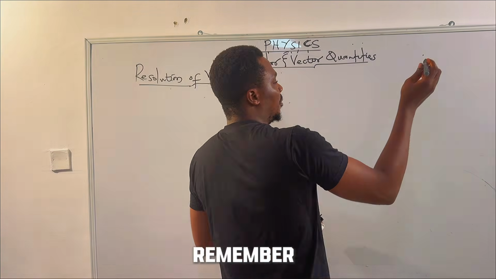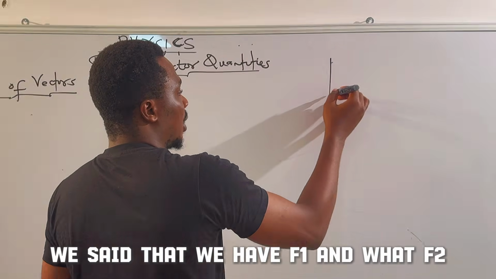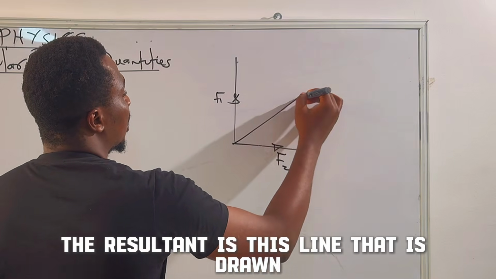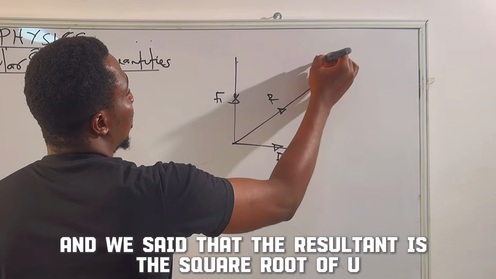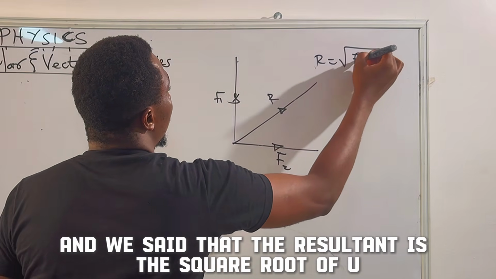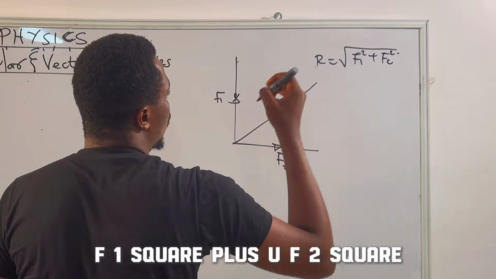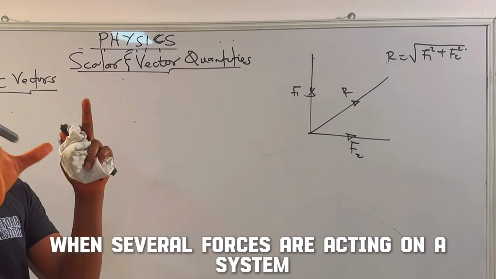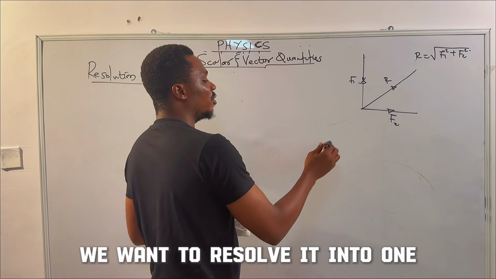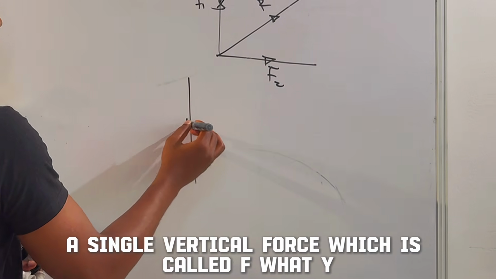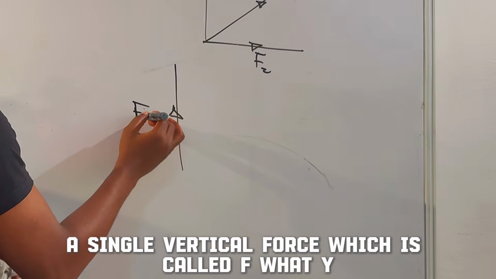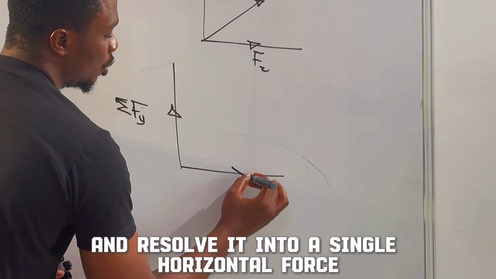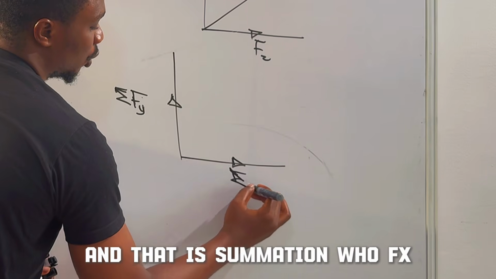In other words, remember the third case we did, we said that we have F1 and what? F2. In this case, the resultant is this line that is drawn, and we said that the resultant is the square root of who? F1 squared plus who? F2 squared. But in this case now, when several forces are acting on a system, we want to resolve it into a single vertical force, which is called summation Fy, and resolve it into a single horizontal force, and that is summation who?